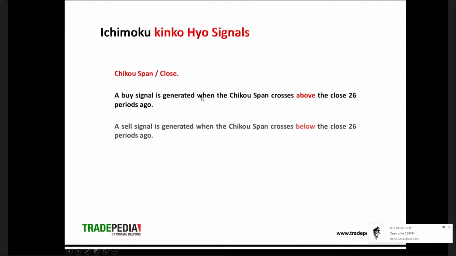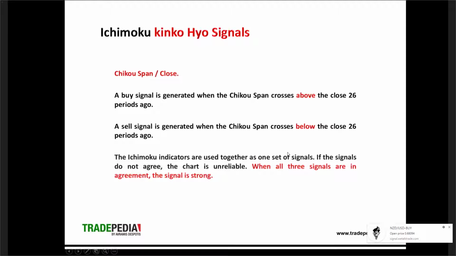So we saw the buy signal when the Chikou span crosses above the close 26 periods ago, and the sell signal when the Chikou span crosses below the close 26 periods ago. Now, most importantly, as we said earlier, the Ichimoku indicators are used together as one set of signals.